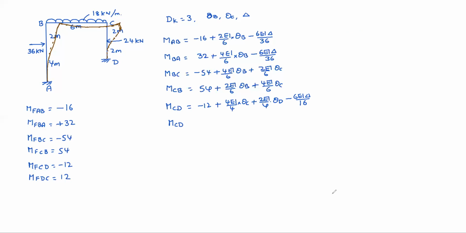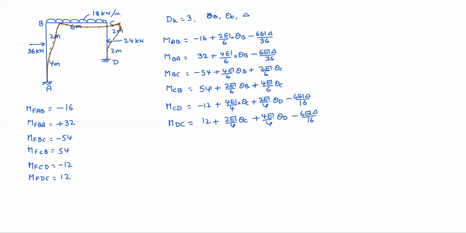MDC equals 12 plus 2EI by L into theta C plus 4EI by L into theta D minus 6EI delta by 16. These are the equations, the moment-displacement relationships.